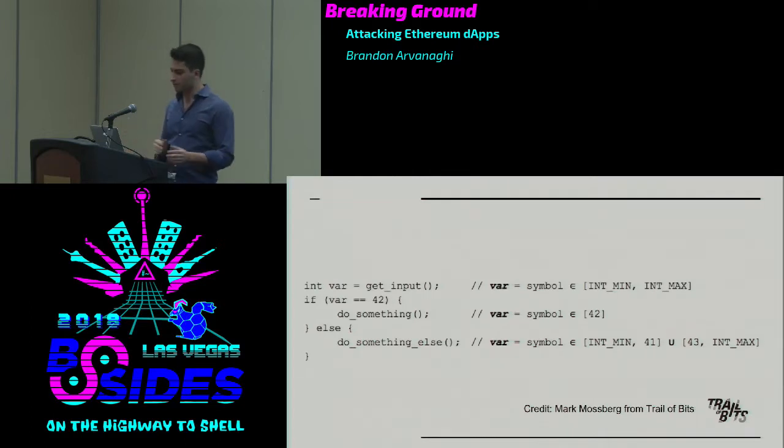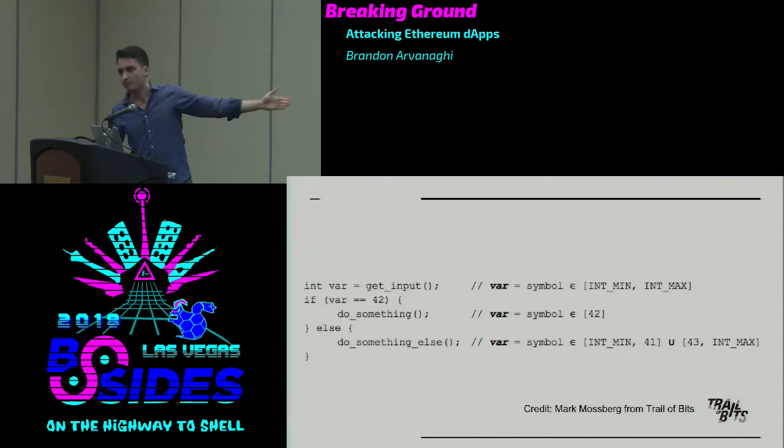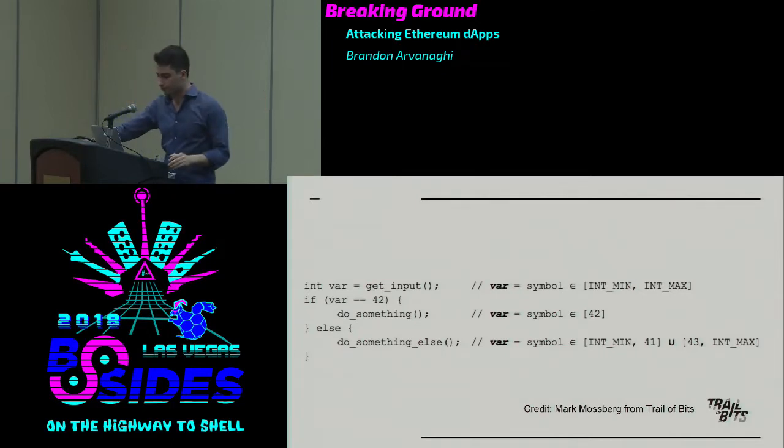So here's an example. This is from Mark Mossberg at Trail of Bits. They're really great people at auditing contracts, and they've done a lot of great development work. If you had a concrete value here, like var was 45, right? You'd skip the first part of the conditional, and you jump to the else. But if it was assigned a symbolic value, when you get to the if var equals 42, the symbolic engine would go through there.